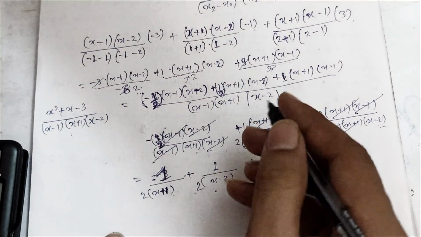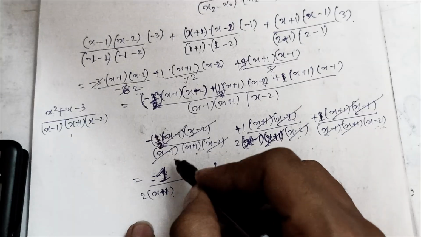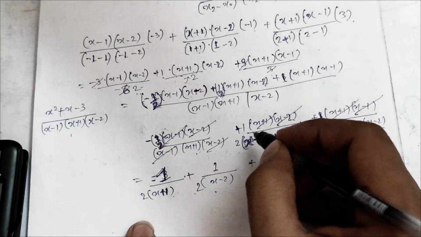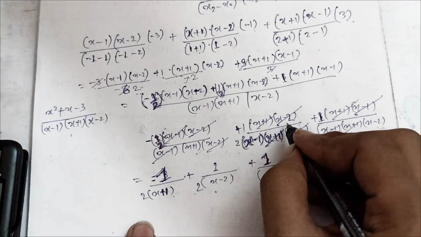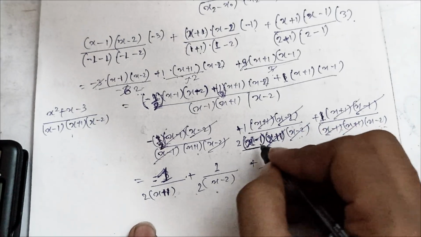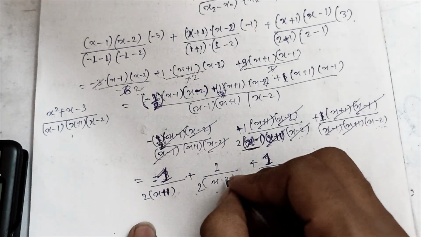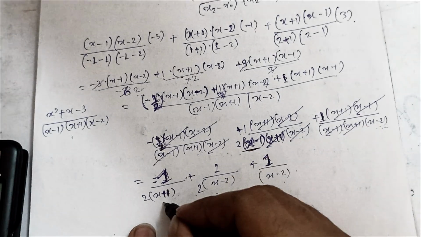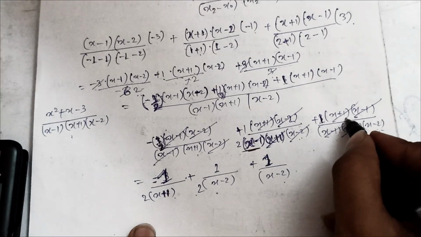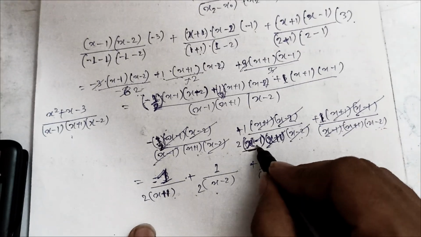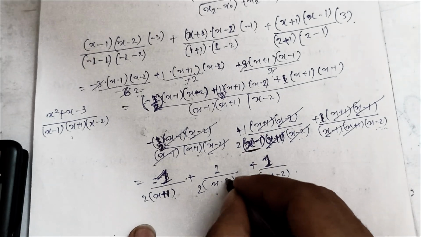So in this term we will cancel x minus 1 and x minus 2, so we'll get x plus 1, and there we'll get plus 1 and x minus 2, and so here we will get x minus 1. So x plus 1 and x minus 1 both will be cancelled, and here we get x minus 1.